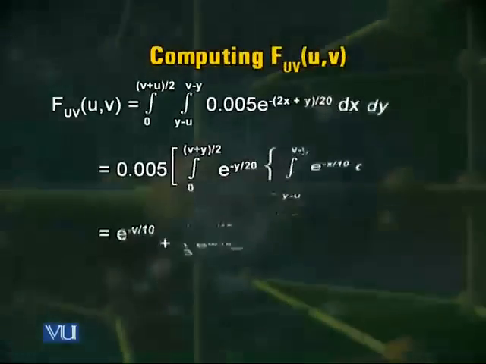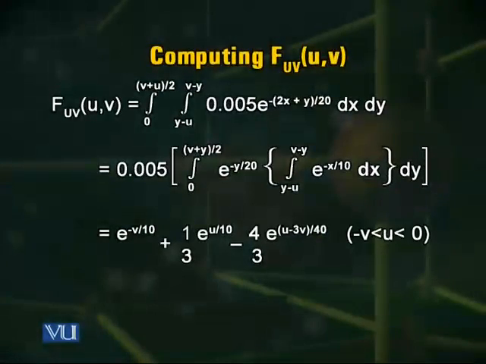If you take a positive value of u, then the region will be different and you will use a different expression. These two expressions are shown on your slide, and these expressions are quite similar to the exponential distributions.